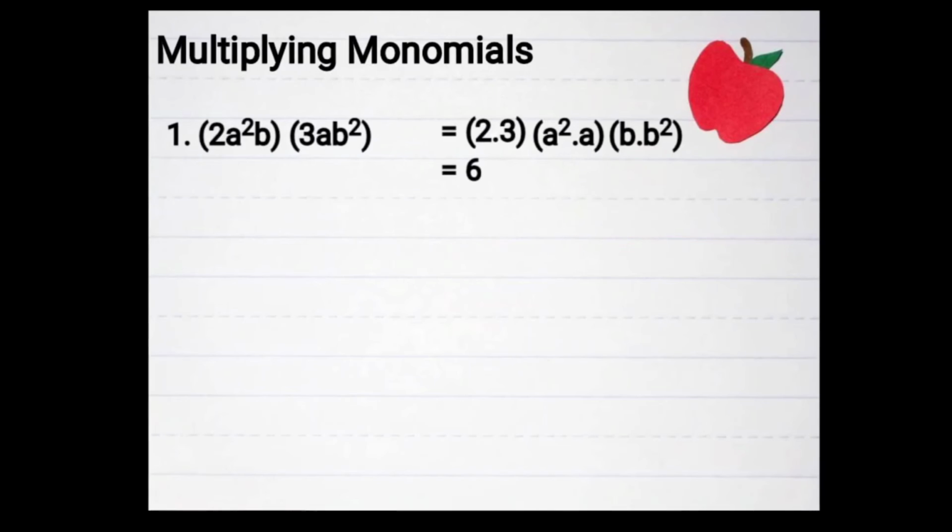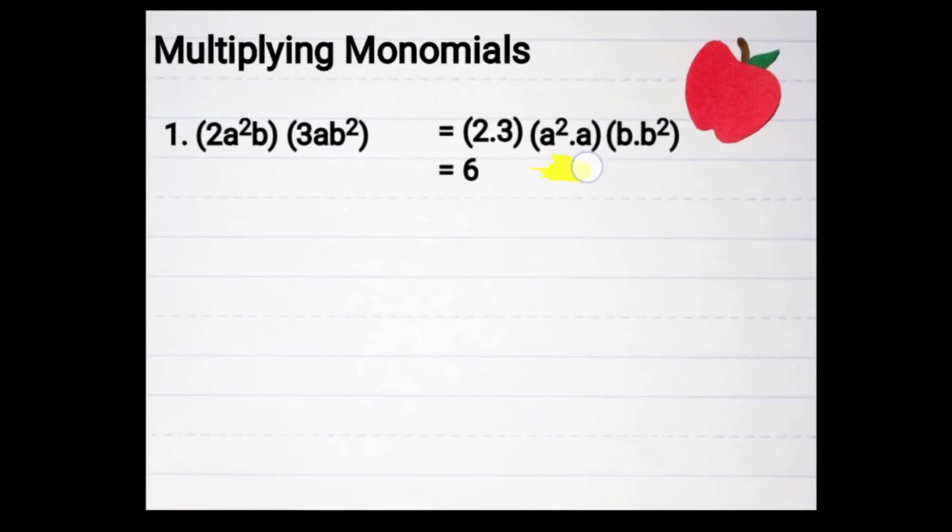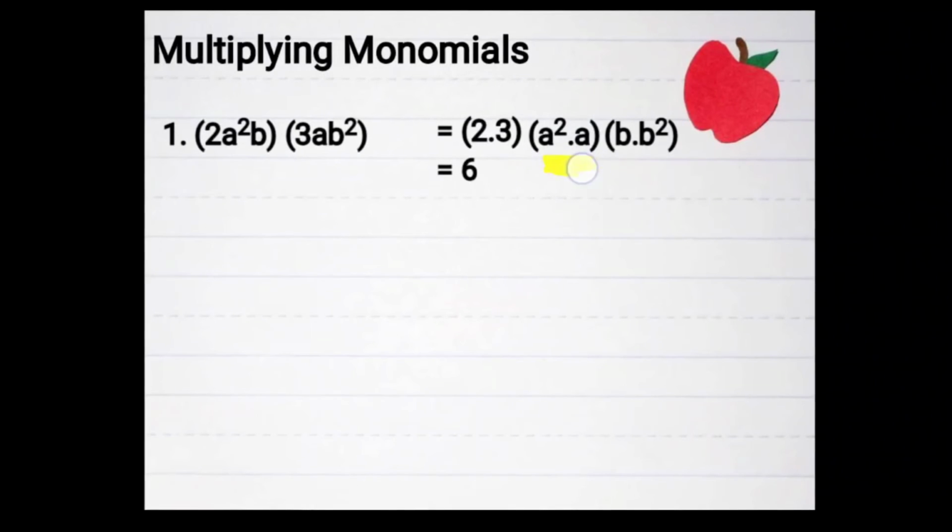We have 2 times 3 is 6. A squared times a, so apply the first law, the law for product: you have to add the exponents. So 2 plus 1 is 3.